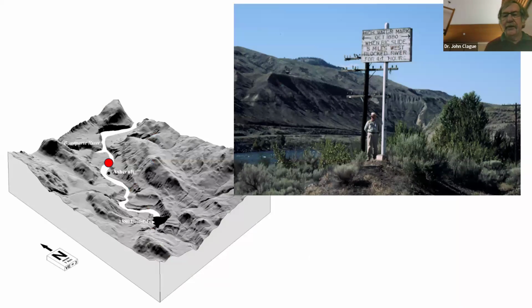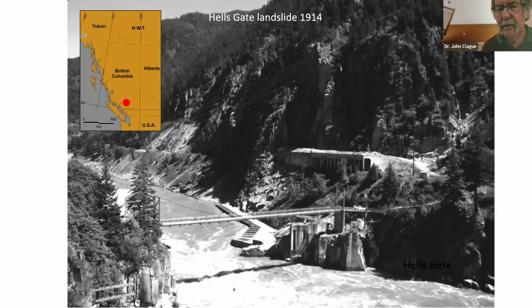And then 1914, I touched on this earlier. This was a human caused disaster, if you will. They were building the CN Railway on the slope above Hell's Gate, which is shown in this slide.